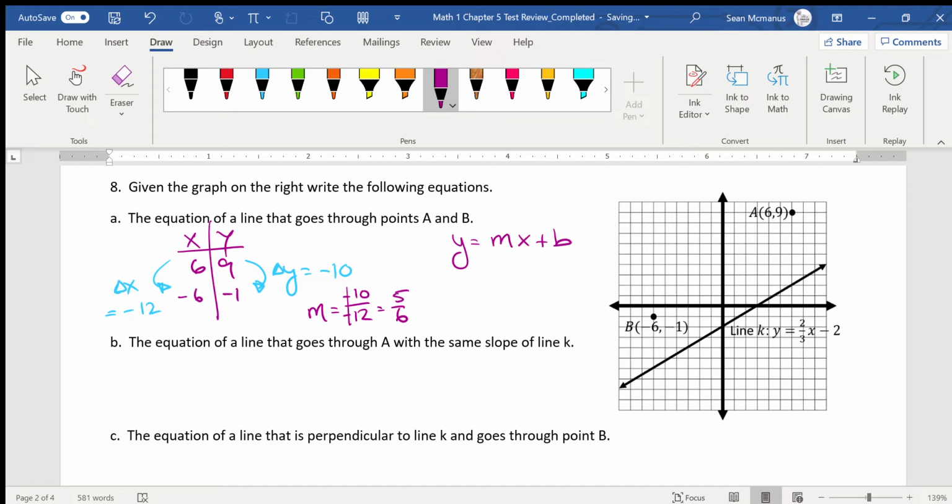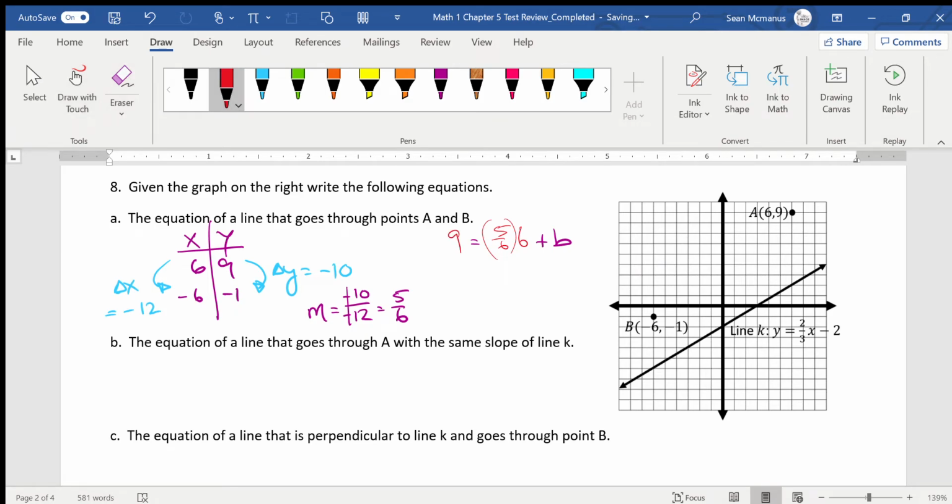I just found the m, so I'm going to replace the m with 5/6. I can use either point, so I'm going to pick point A because it's got all positives, and I like that. For A, the x is 6 and the y is 9, so I plug those in.